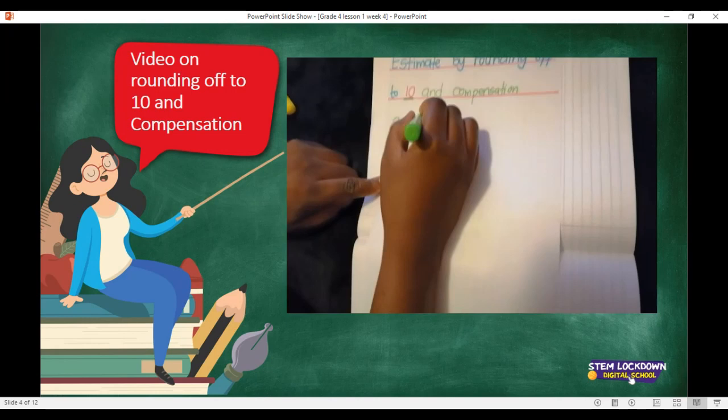Okay, and then now we move on. I think here you also have to type in some answers for me so that I can see. All right, calculate the sum below by rounding off to 10 and compensating. So I've given you the sum: 458 plus 45.